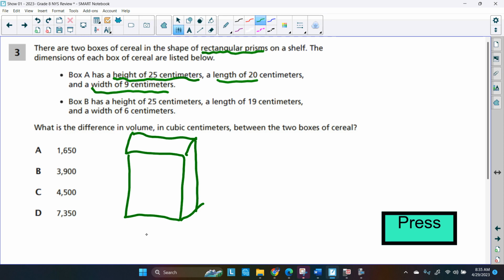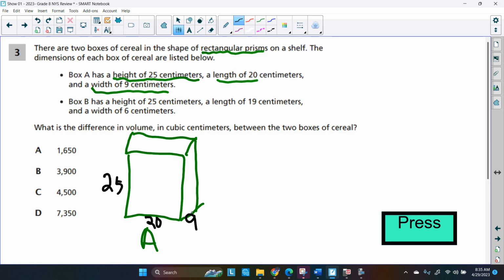This is box A, and let me put the dimensions there. The height was 25, the length was 20, the width was 9 centimeters. So there's box A.